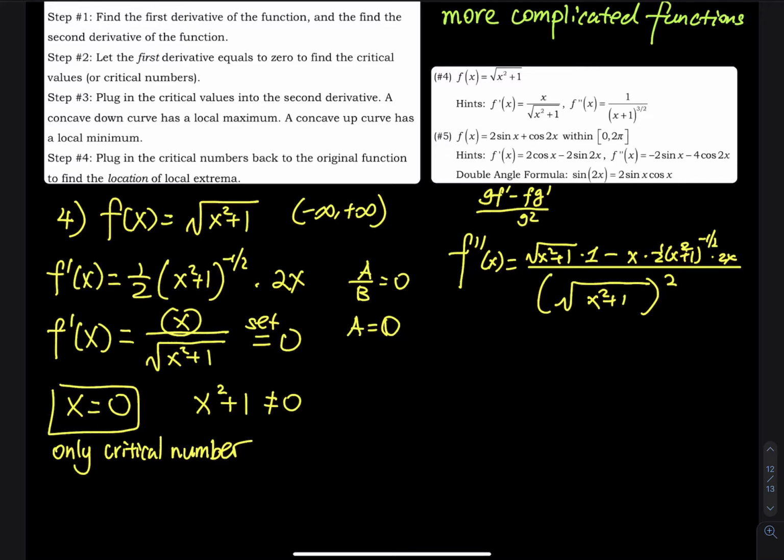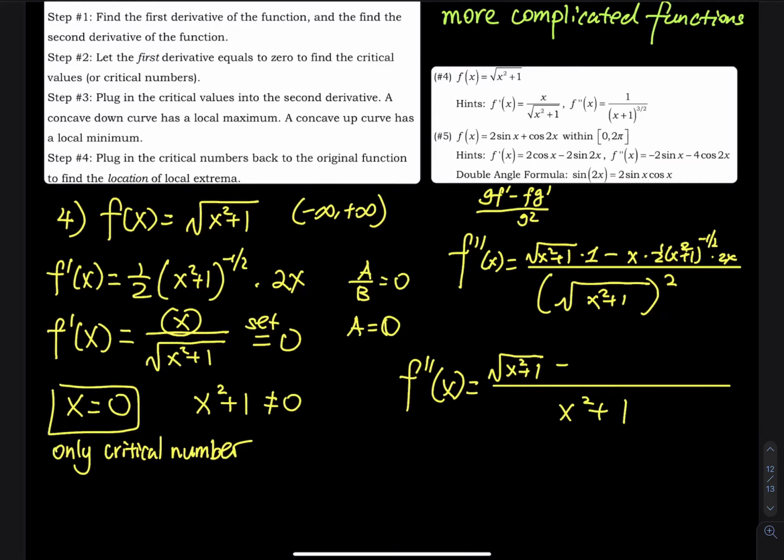Okay, and then we simplify the second derivative. So the second derivative equals a fraction. After you square the denominator, the square root no longer exists, and then this is the square root of x squared plus 1, and then minus. So what do we have in the second derivative? The 2 got cancelled.